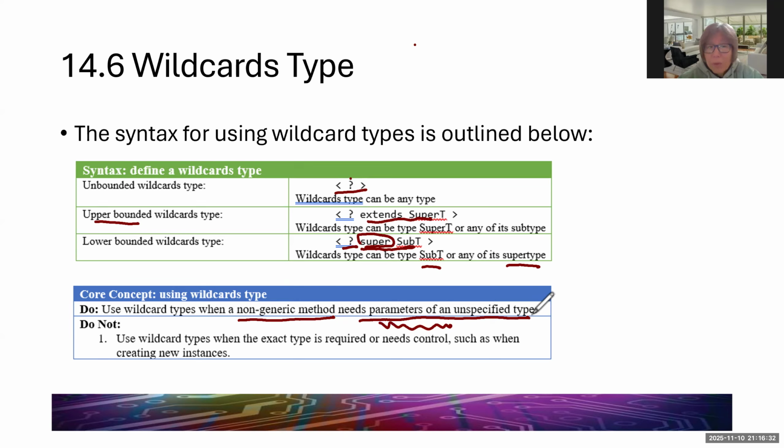Do not use a wildcard type when the exact type is required or needs control. For example, when we create a new instance, we don't use wildcard types. So here are some guidelines on when we should use wildcard types.